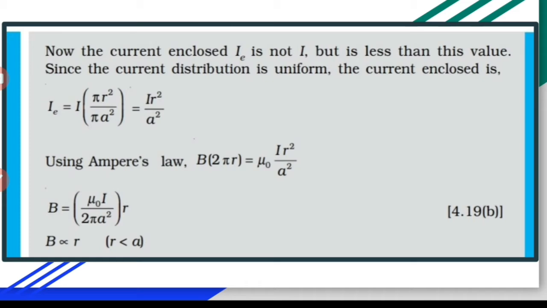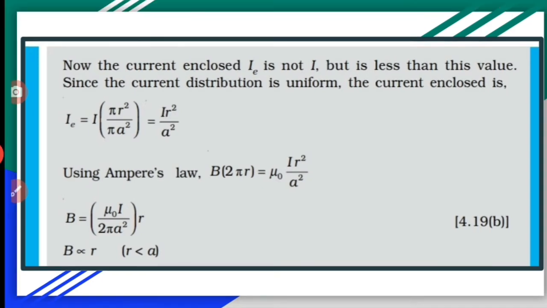Here we have to find that I_E, because the Amperian loop does not enclose the whole wire. It encloses only a portion of the cross section. So we need to find I_E. It is already given in the question that current is uniformly distributed across the area.